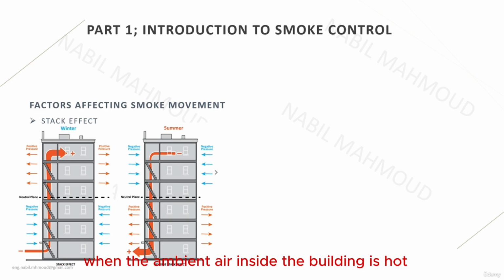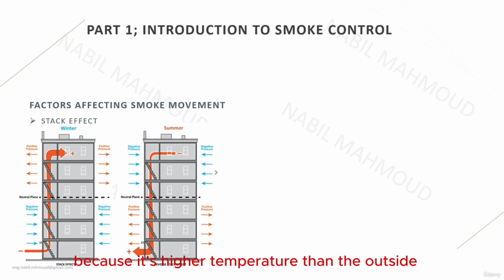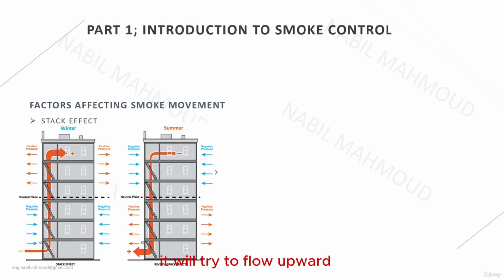in the winter, when the ambient air inside the building is relatively hot or warm, and the air outside the building is cold. This means that the air inside the building, due to its lower density, because its temperature is higher than the outside, will try to flow upward. And this can be seen clearly in the shafts that are open vertically, like the staircase enclosure and the elevator enclosures.